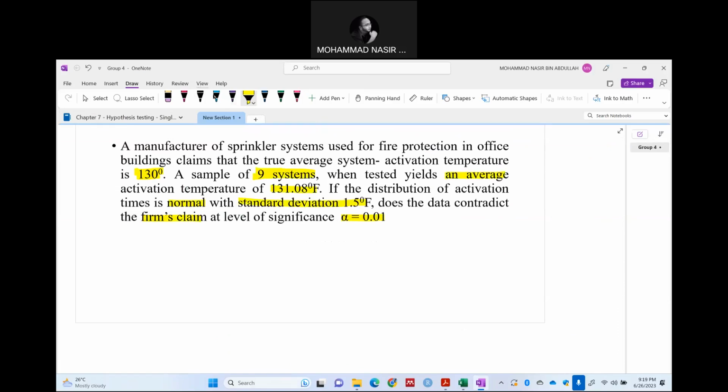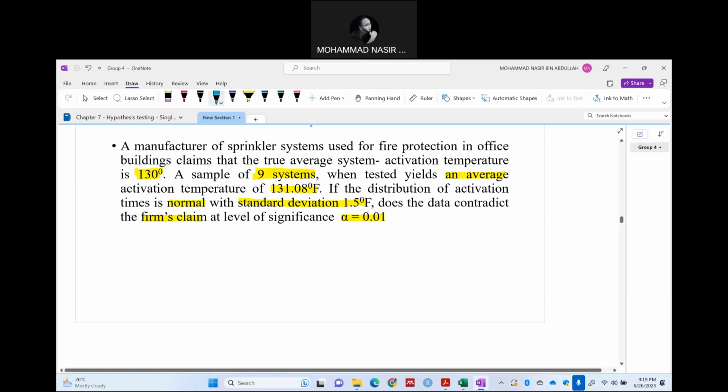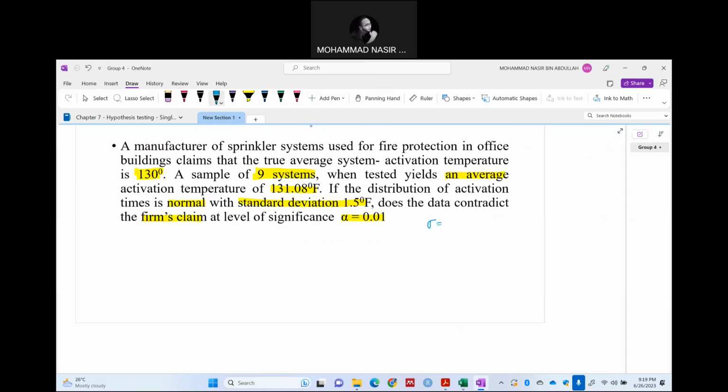So in this example, we know that the distribution is normal with population standard deviation 1.5. And we take n equal to 9, x bar equal to 131.08, and mu naught equal to 130.